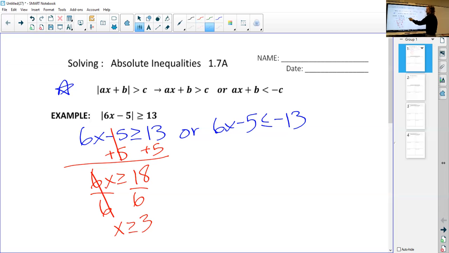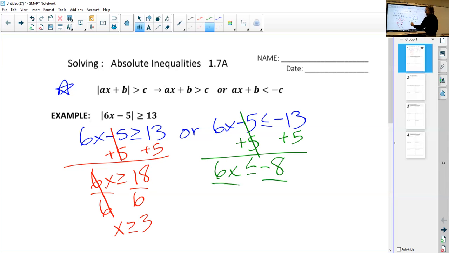Or we do the other side, still plus 5 to both sides. Still 6x is less than or equal to, because we flipped the sign. Negative 13 plus 5 is negative 8. And then we're going to divide both sides by 6.